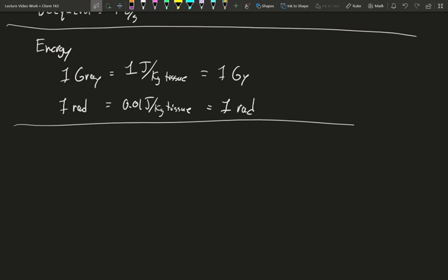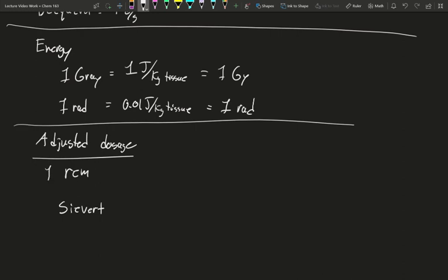The short version is there's a multiplying factor that adjusts for that biological material and that situation and how it's exposed. And so we have our adjusted dosages. These are the Rem and the Sievert. Loosely assuming an adjustment value of 1, 1 Rem is going to be equal to 1 rad.